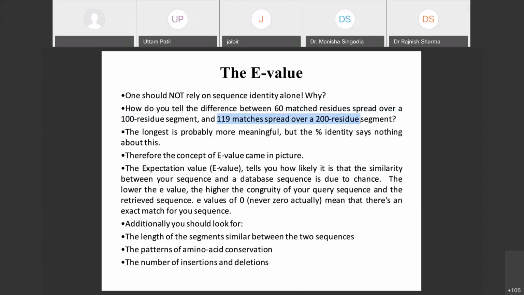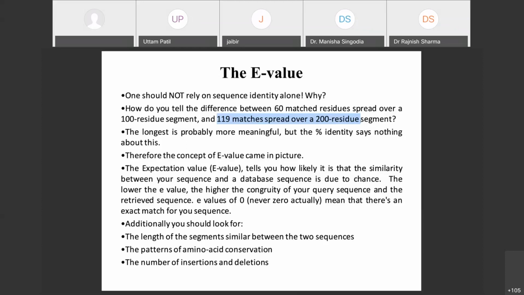Any person with a biological sense will say yes, the longer sequence makes more sense because it is a longer spread, and a longer spread means there could be many other kinds of matches. You can have similar motifs, domains, folds, and so on. So a longer spread gives you more confidence that these two proteins could be more similar.